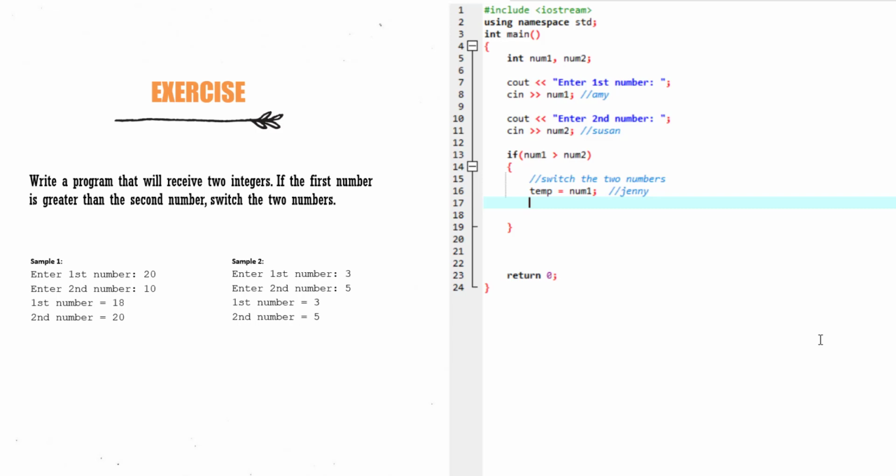So we can write num1 equals num2. This represents Amy, so Amy has received the number from Susan. And lastly, Susan, who is num2, can now receive the number from Jenny, so num2 equals temp.